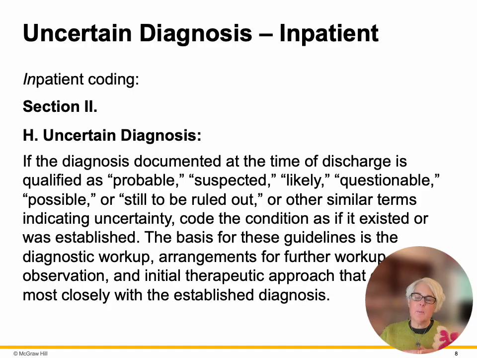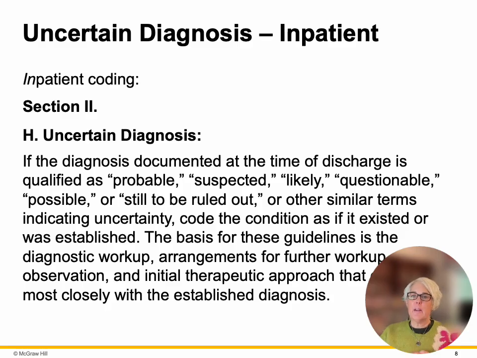The key things that we look for are: what was the provider treating? What did the tests focus on? What does the discharge summary emphasize? If everything points toward a diagnosis, I assign that code even if the word still says probable.